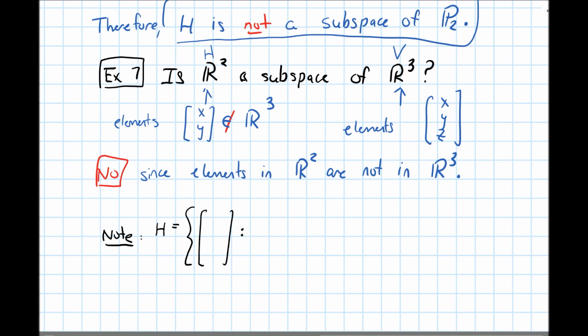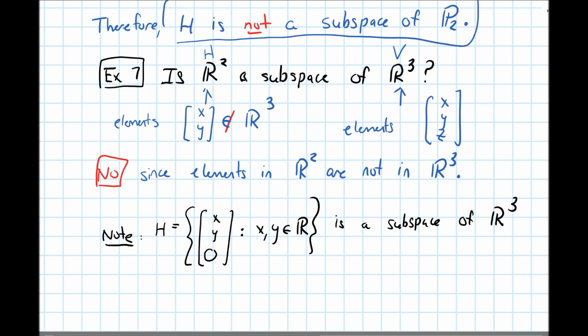The way I would do that is I would write it as X, Y, and I would make the third entry 0. These are different from things in R2, because this has three entries. Such that X and Y are elements of the reals. If I look at this set, it turns out it is a subspace of R3.